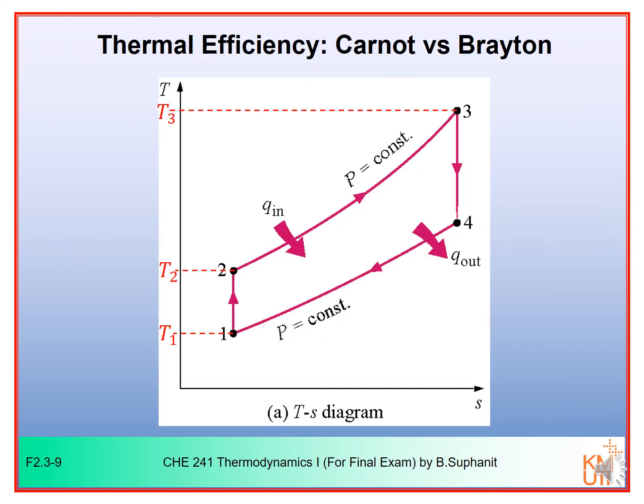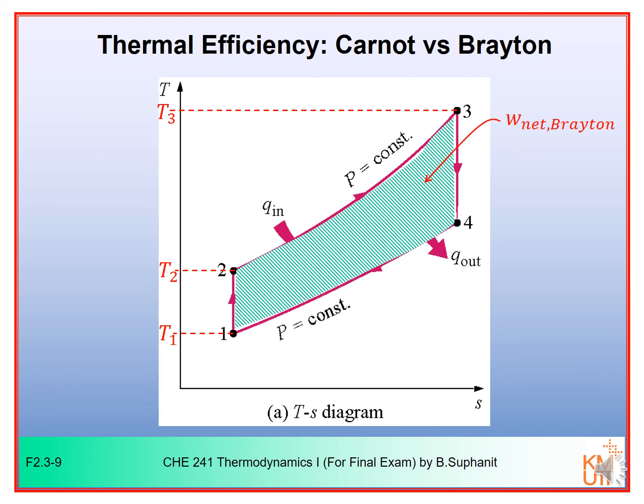In this slide, we'll take a look at the difference between Carnot and Brayton efficiency. Let's have a look at both cycles on a T-S diagram, starting with a simple Brayton cycle shown here. The area inside the cycle represents the net work output.